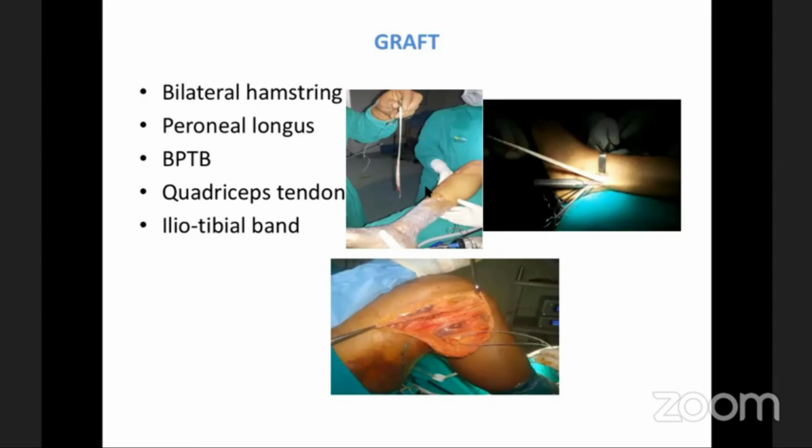All these grafts can be used in case of multiligamentous knee injury. About the peroneus longus, just make a centimeter incision posterior to the tip of the fibula, and you identify the superficial tendon, that is the peroneus, most of the time for PCL.